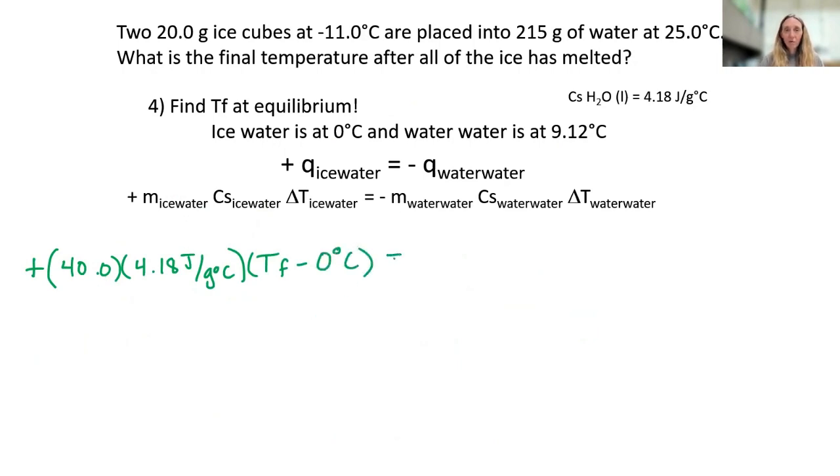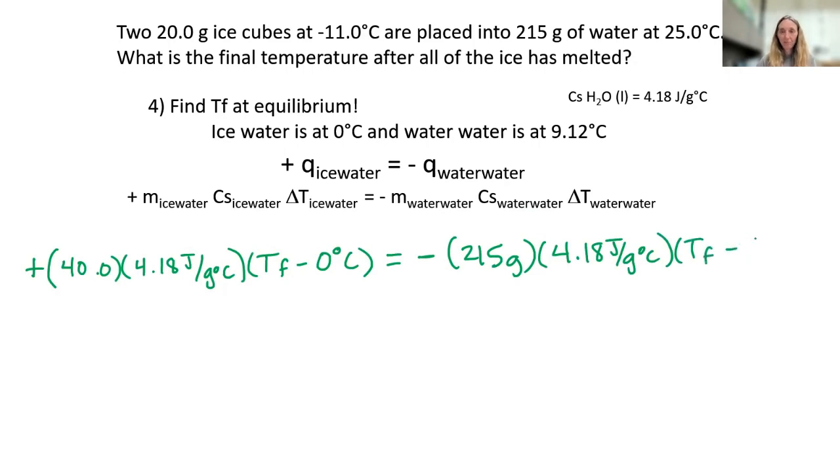Okay, so that's going to equal negative, and now we're back onto the other side with just the water, 215 grams times the specific heat, which is 4.18 joules per gram degree Celsius, times delta T, which is temperature final minus the initial temperature, which is 9.12 degrees Celsius. Now we can multiply these numbers together and then distribute them.